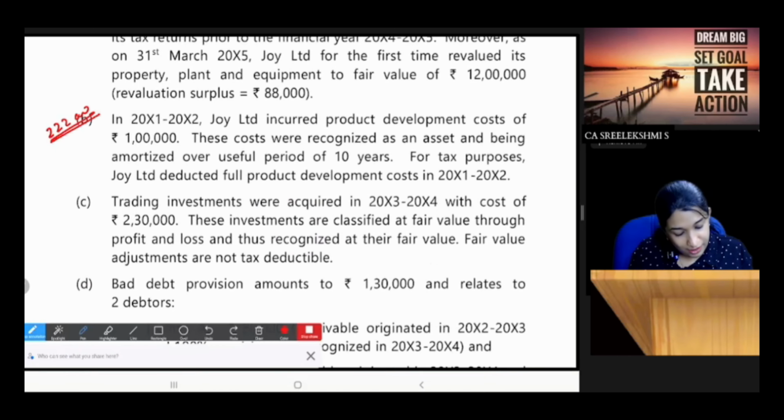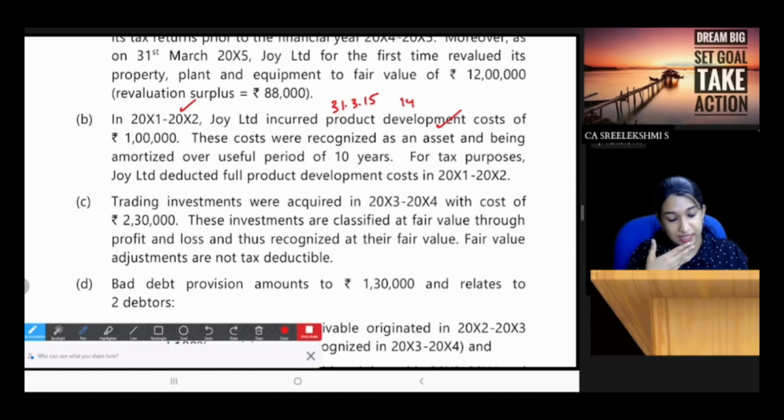In 2011-12, Joy Limited incurred product development cost of 1 lakh. Current year is 31st March 15, 14-15, and this is 11-12: 11-12, 12-13, 13-14, 14-15, four years later. These costs were recognized as an asset and are being amortized over a period of 10 years.